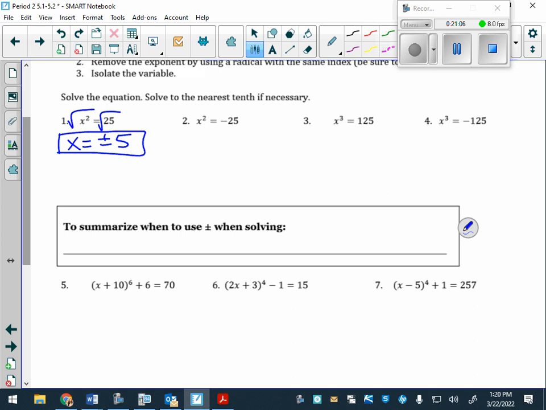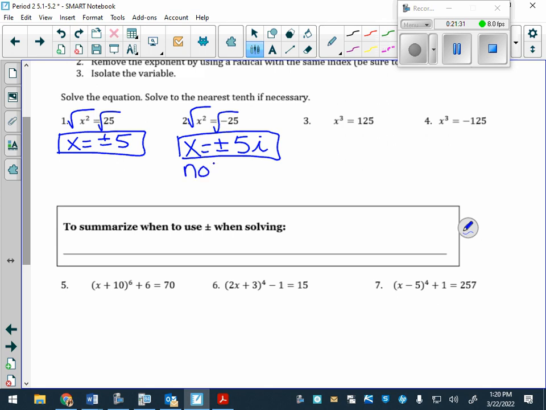Okay, because we took the square root of both sides and we're solving. How about number 2? X squared equals negative 25. Go ahead, Grace. Excellent. Okay. So here we would take plus or minus 5i because we have a negative.